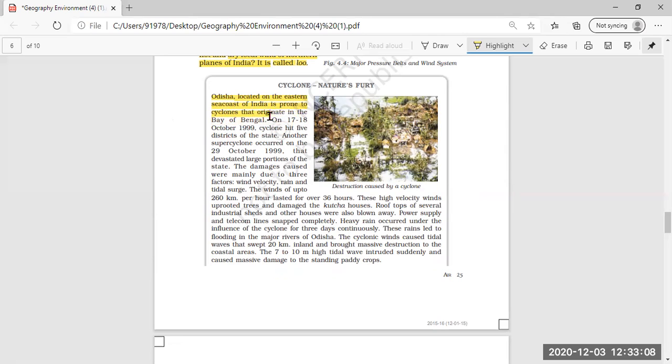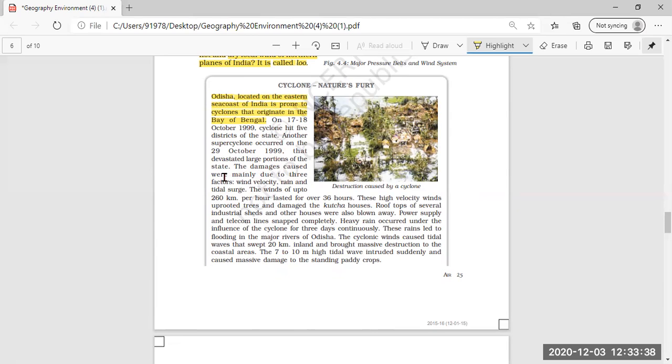Often this type of cyclone arises in the Bay of Bengal. On 17th and 18th of October 1999, a cyclone hit a district of the state. Another super cyclone occurred on 29th of October 1999 that devastated a large proportion of the state.